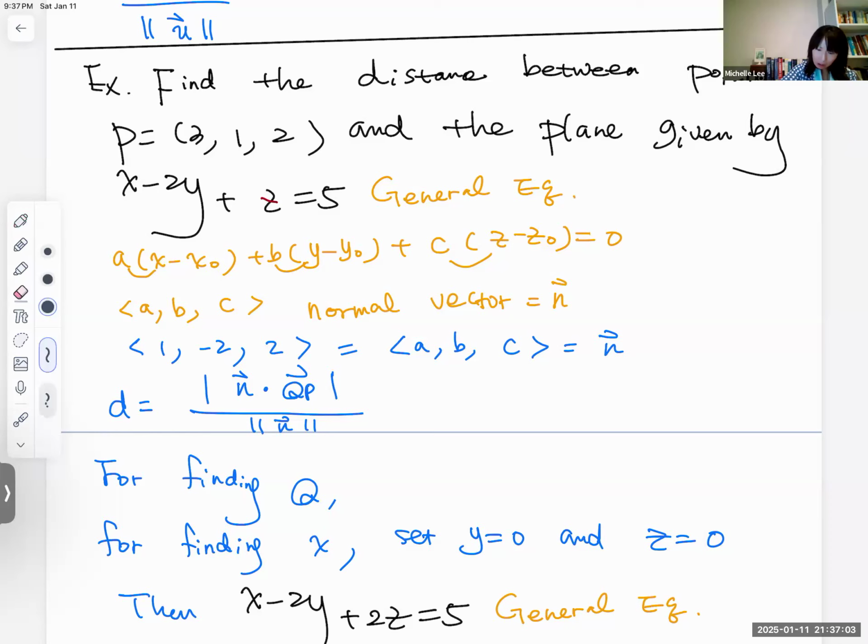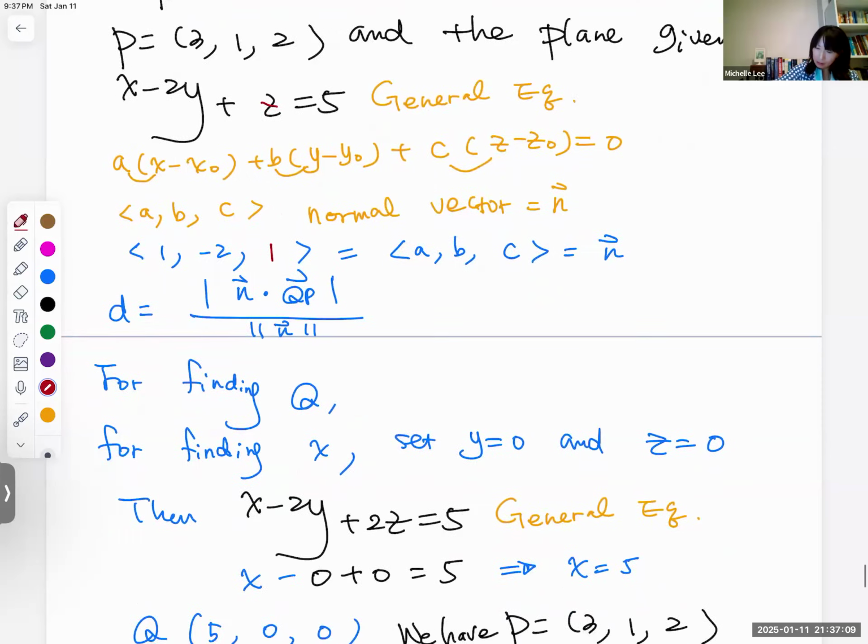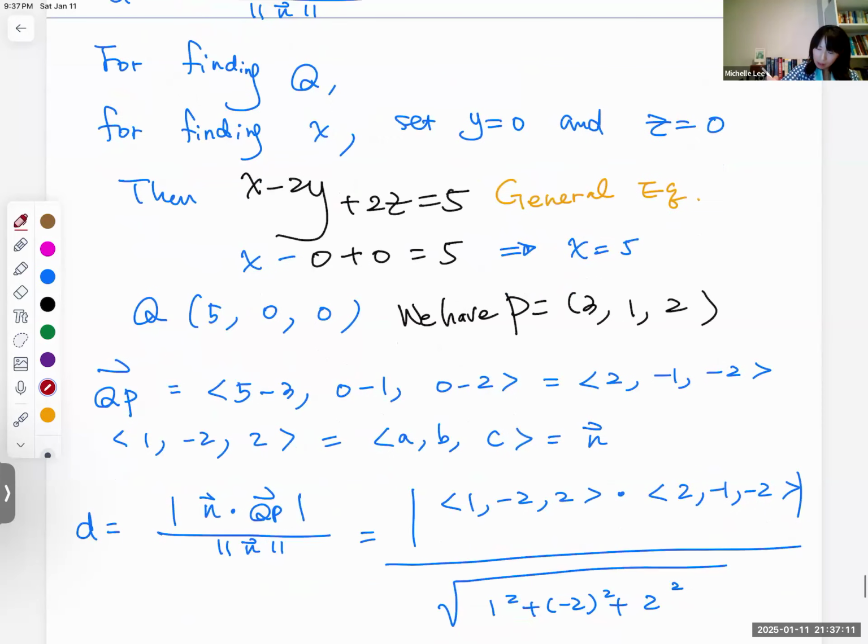Then there will be 1, and there will be 1. That's it. So there will be 1, and there will be 1. Just a mistake there. That's it.